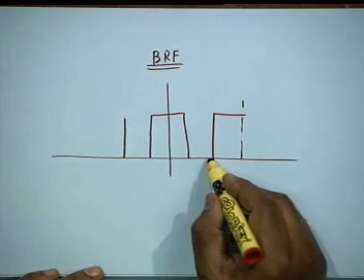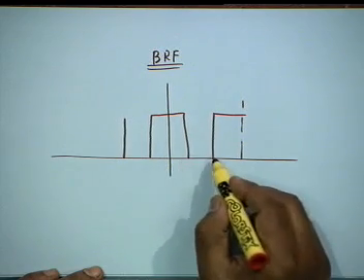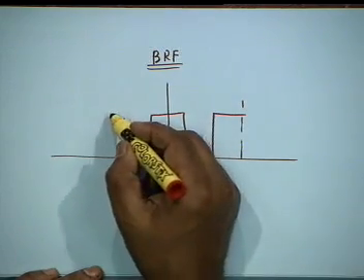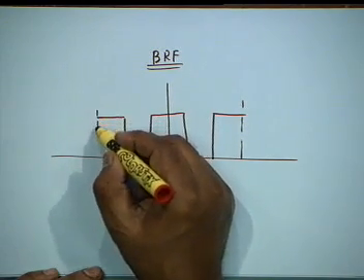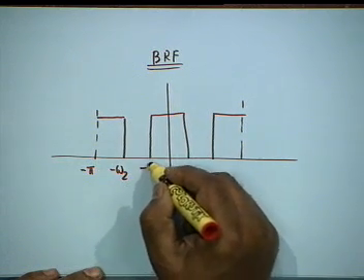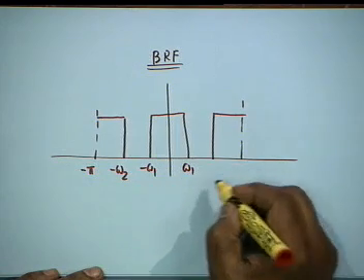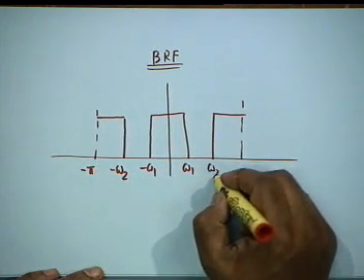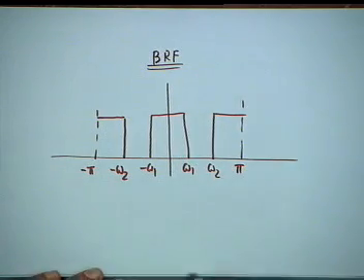So, this is the stop band. There is a pass band before that, there is a pass band after that. So, you will have something like this: minus pi, this is minus omega 2, minus omega 1, plus omega 1, omega 2 and pi. This is the band reject filter and the magnitude is 1.